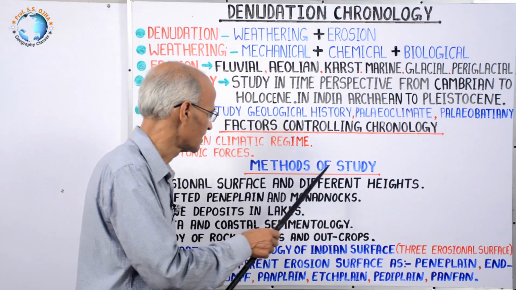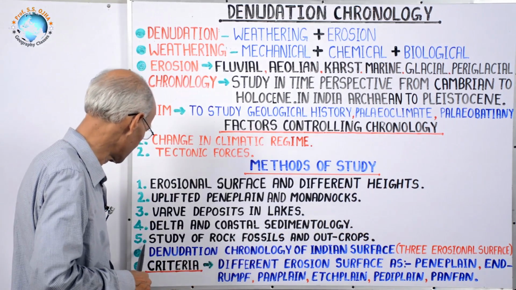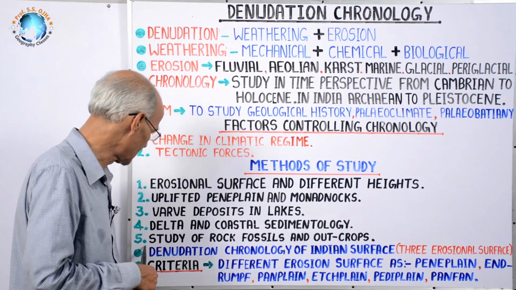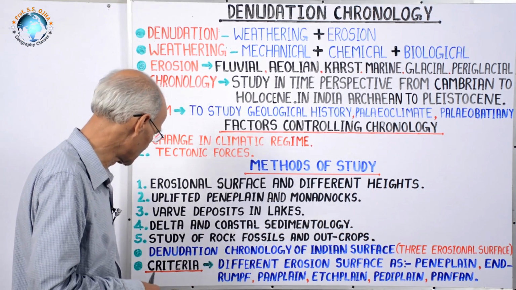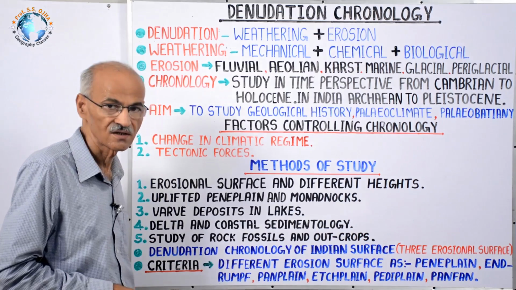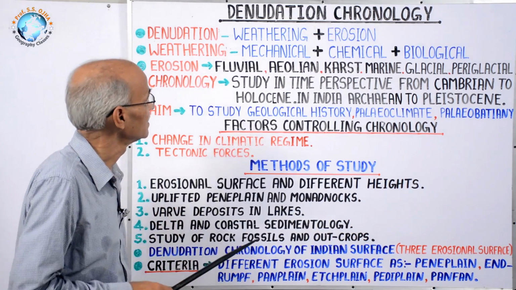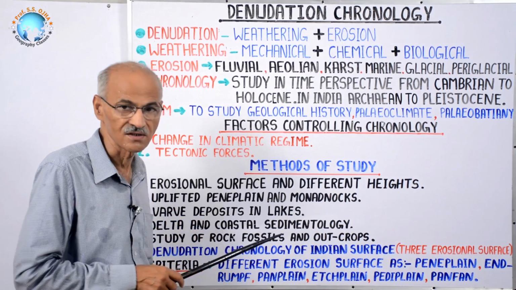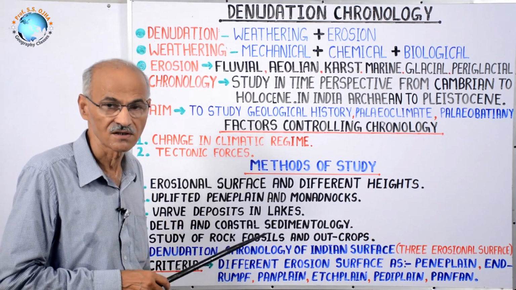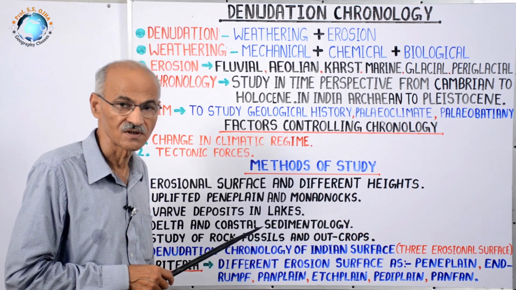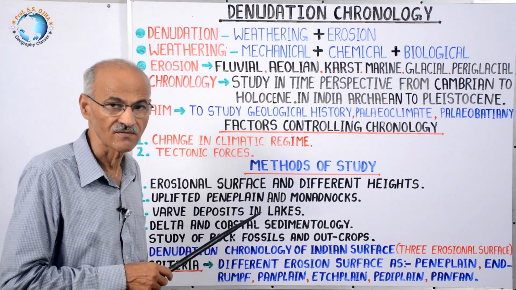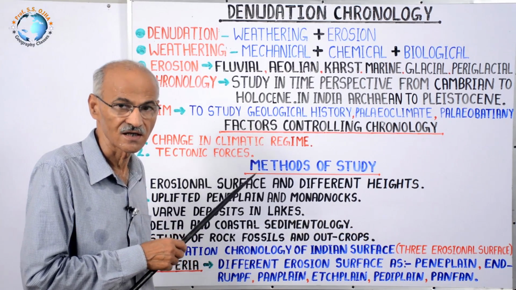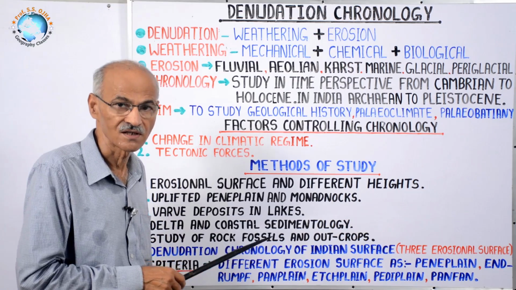And next the methods of study, there are 5 methods to identify the denudation chronology, and at last you will give examples and the criteria. So this is about denudation chronology, and in writing its answer you will correlate this with the erosional surfaces, because some matter of erosional surface is related with it, and you will take that matter and write it here for elaboration.